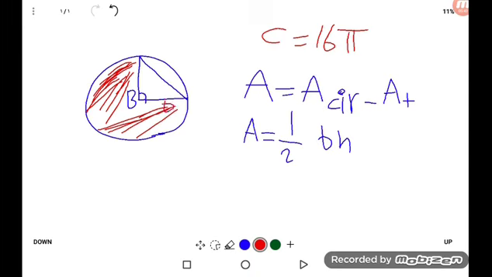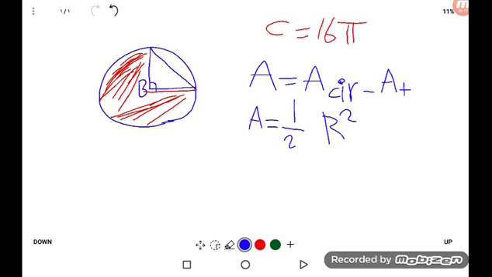Here you have base and here you have height. Base of triangle is basically the radius of circle. So base of triangle is the radius r. Also the height of triangle is basically the radius of circle. So we can replace here in base and height r times r, which is r square. So we can write it r square.